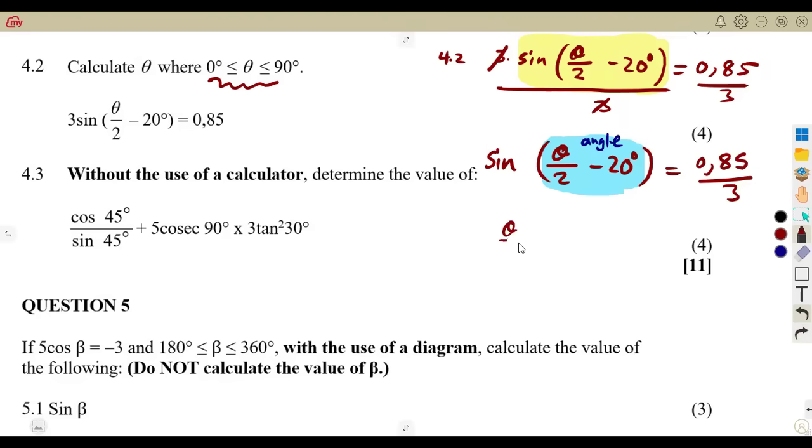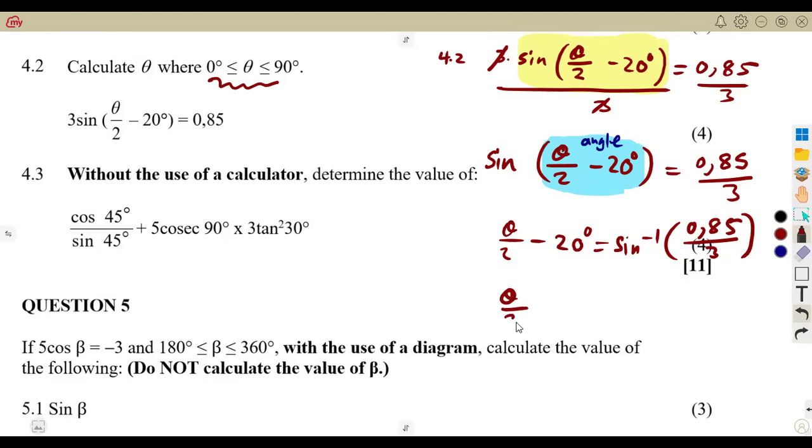So that is going to be theta over 2 minus 20 degrees is equal to the arc sine. To remove this sine, it is written on the other side as arc sine of 0.85 over 3 like this. So whatever you are going to have from arc sine is representing the angle.